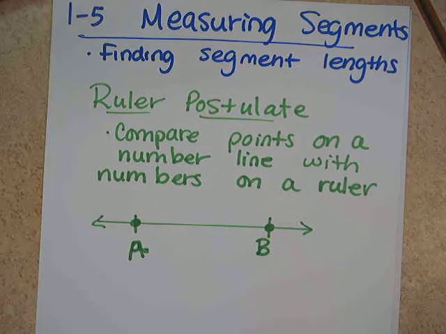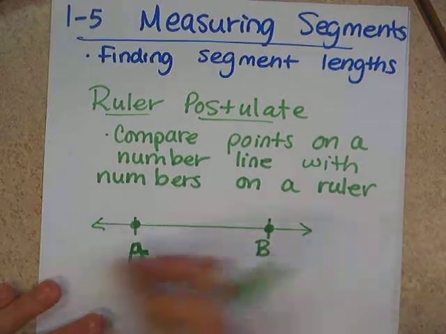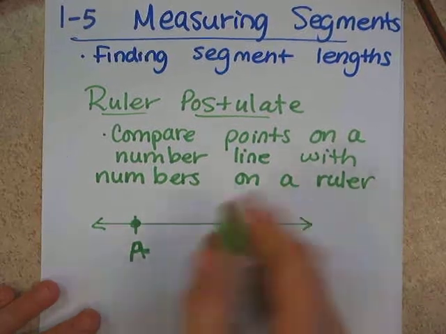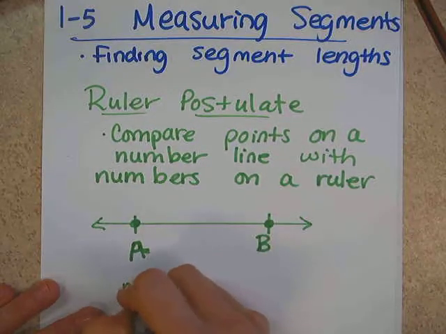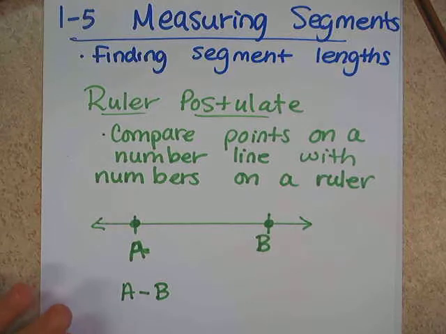are our points. To find the length of a segment, it's really the distance in between those points, right? So if we have number values to represent those points, we would take the difference between them. So we would want A minus B or B minus A. It's not really going to matter. If you end up with a negative, we should know that distance cannot be negative.